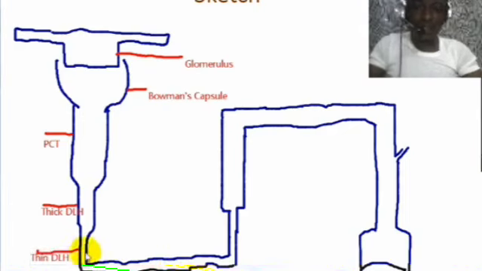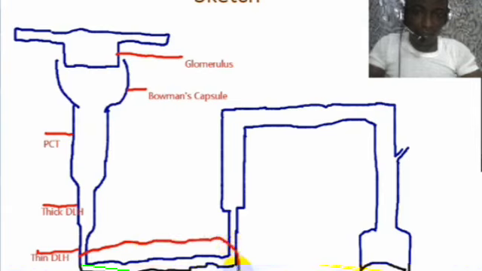Let me just circle it for you to understand what I mean. From this part down to the whole of this part is known as the hairpin bend. The hairpin bend connects the descending and the ascending loops of Henle.